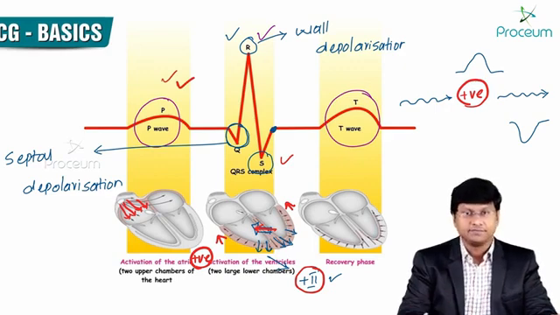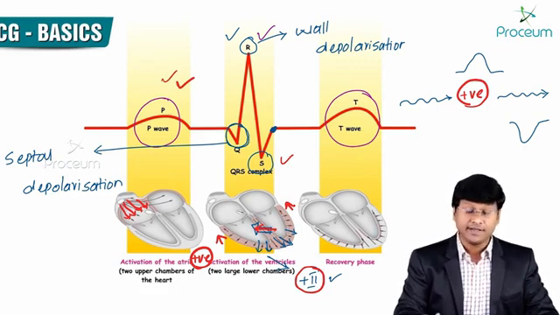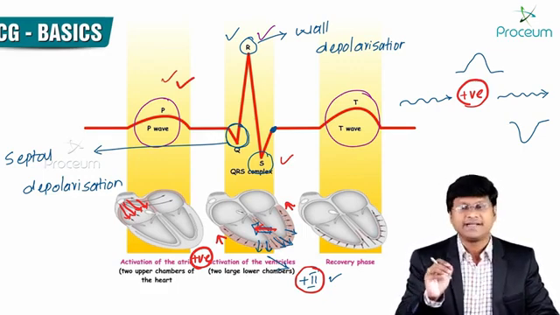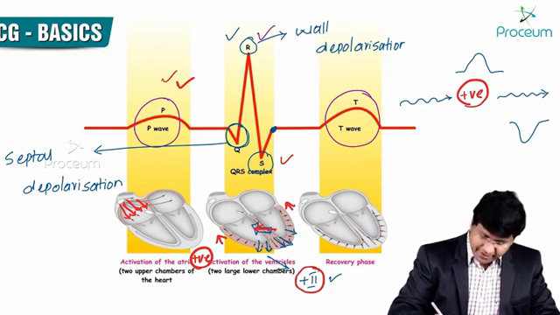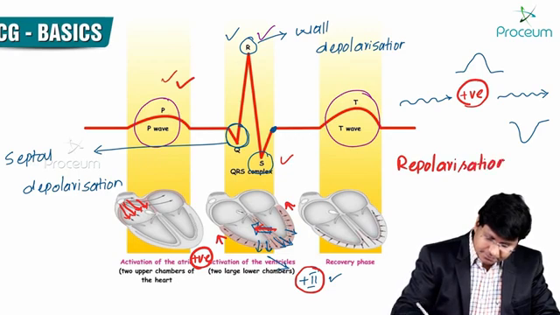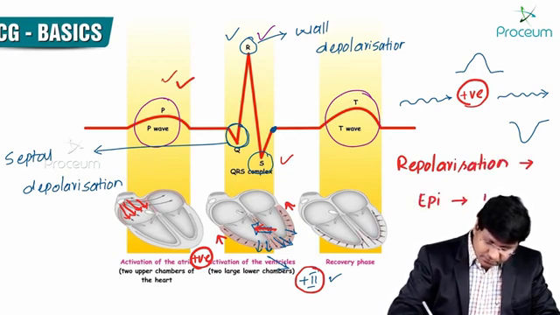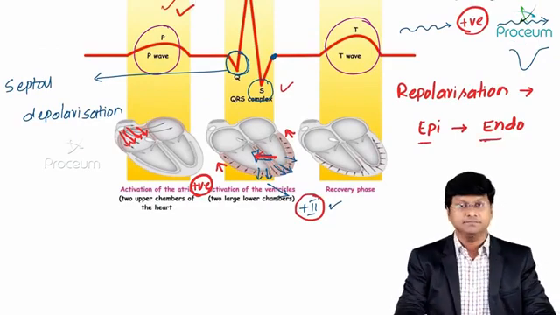And you take the T wave. T wave is ventricular repolarization. Now, how will be the direction of ventricular repolarization? Remember, the ventricular repolarization occurs from epicardium to endocardium.